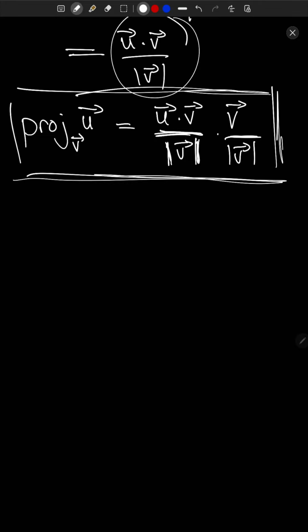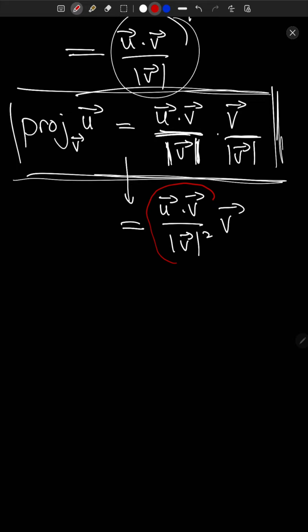This expression is correct, but you actually see it in many different forms. Another way you might see it is like this. It depends on what context you're working in which expression you want to use. But the second one is nice in that everything to the left is just a number, and everything to the right is just a vector.